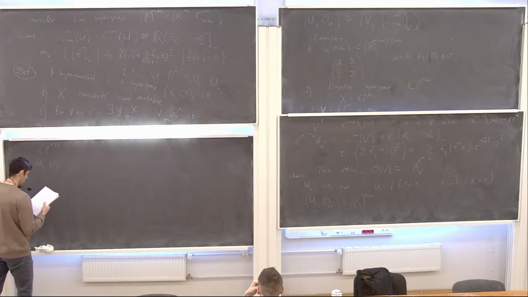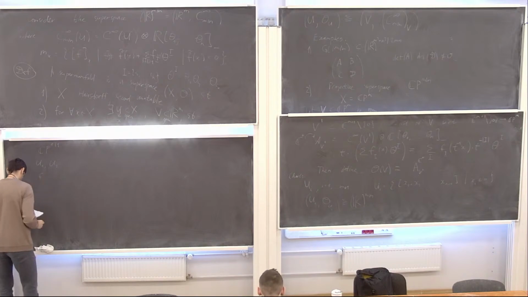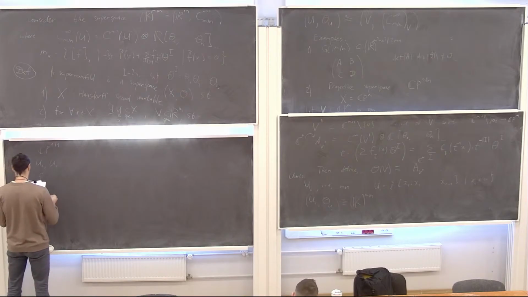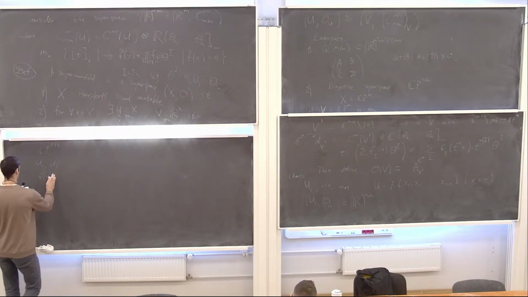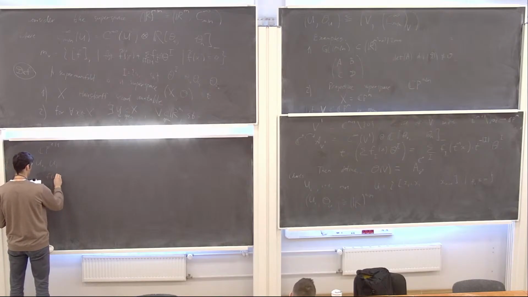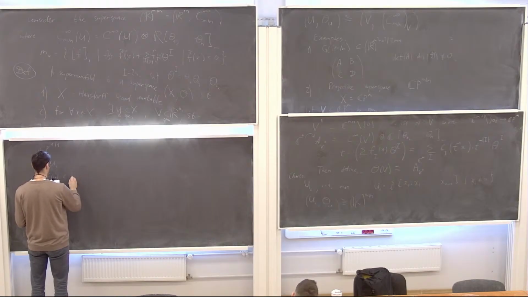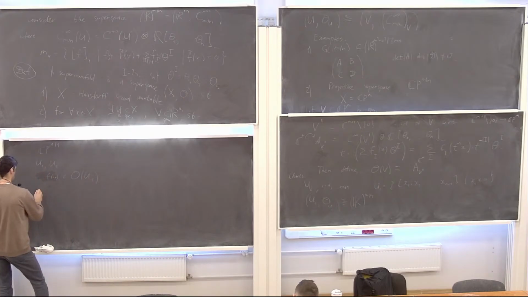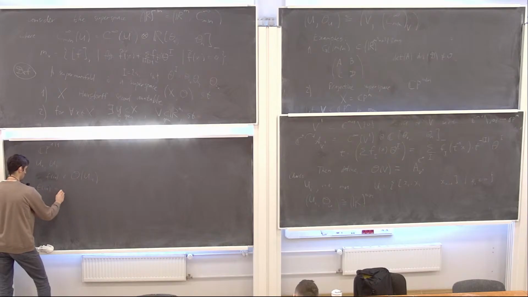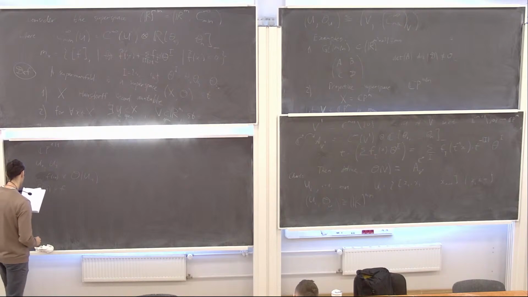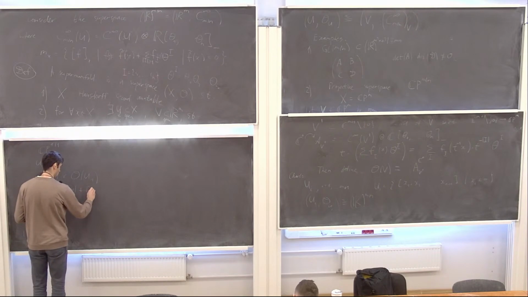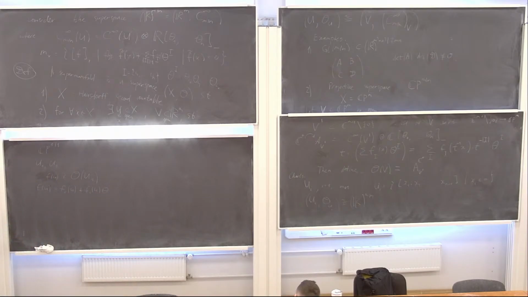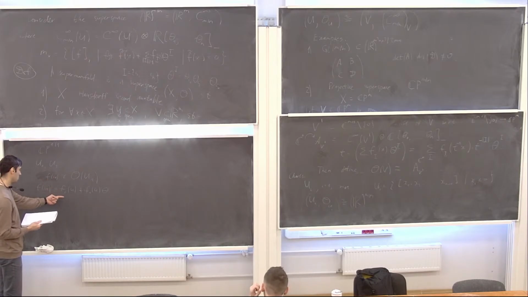If I have f(u), a section on U_1, for example, it looks as follows: f(u) is just f_0(u) plus f_1(u) theta. Any section looks like this. It's nothing else really. Of course, if I have another section, it also looks like that.